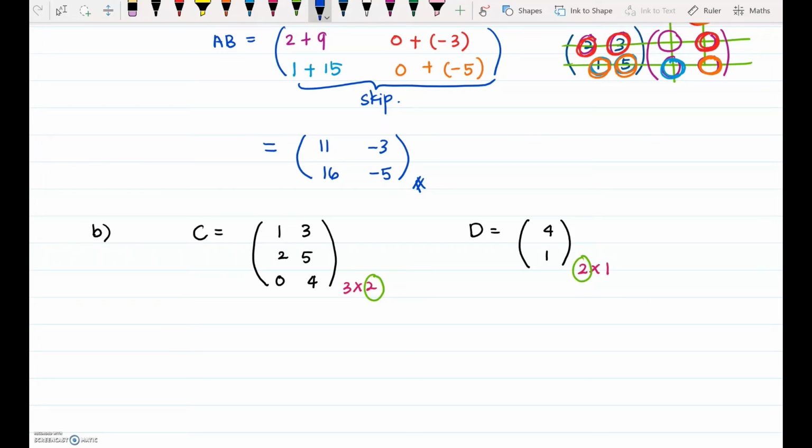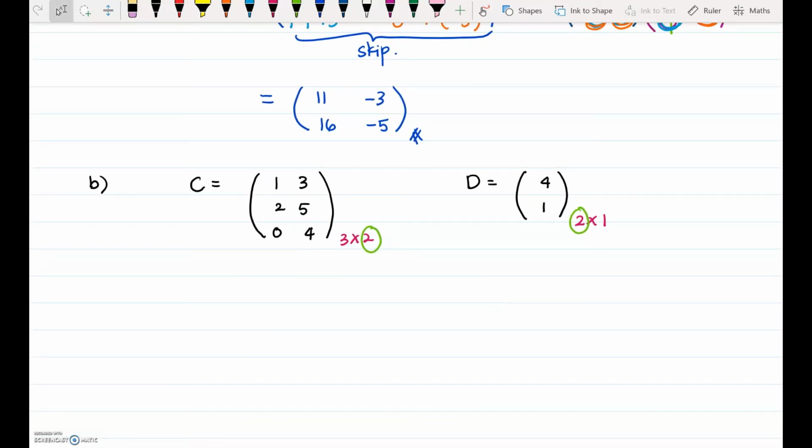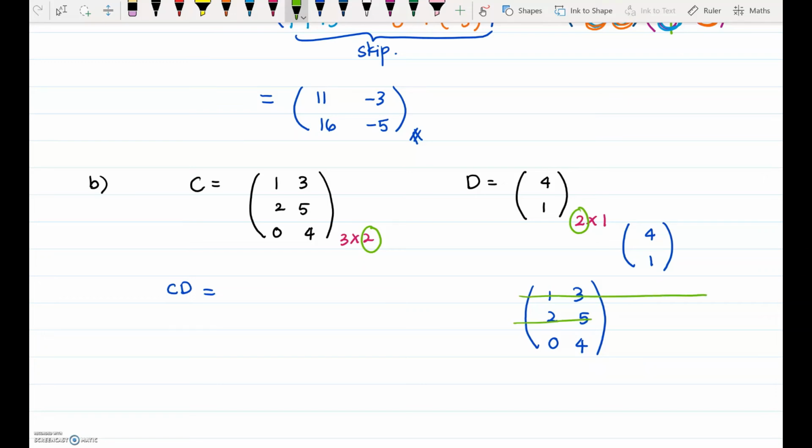Now, to find CD, using cross multiply, let's see here. Your C is 1, 3, 2, 5, 0, 4, and your D is 4, 1. Now cross, and you will get this one.